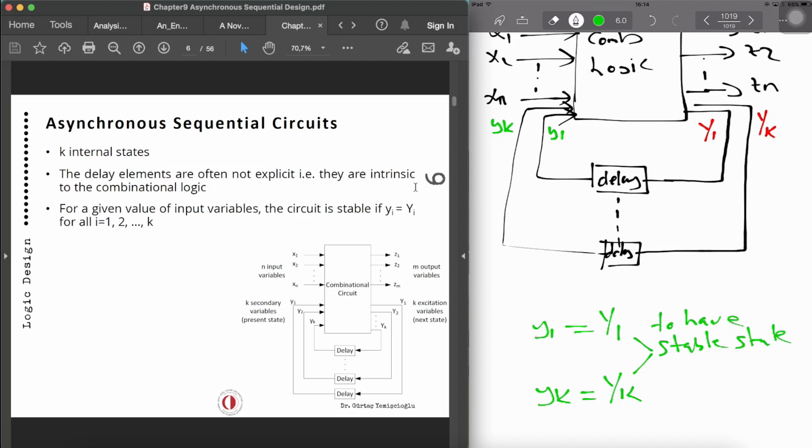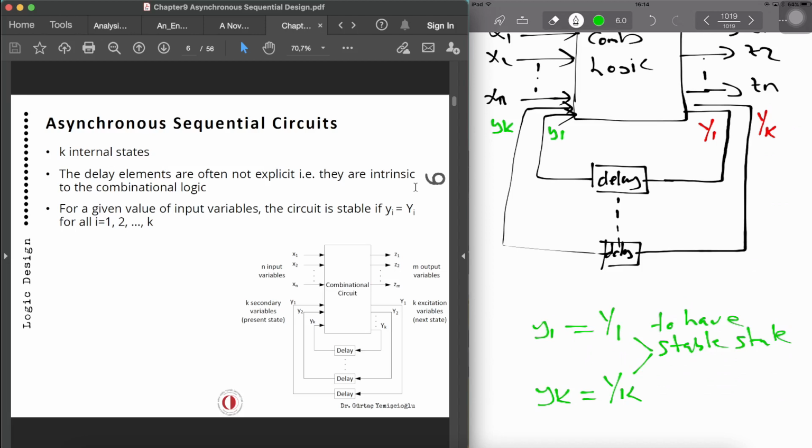Right, so in order to ensure proper operation of the asynchronous circuits, we must allow it to attain a stable state before the input is changed to a new value. So we have to make it wait to match the present state to the next state, and then we can change the value.